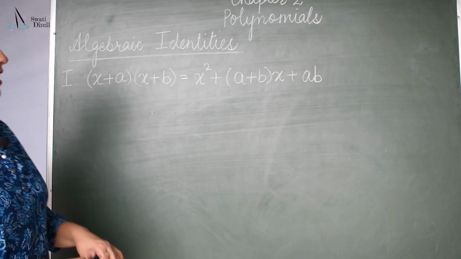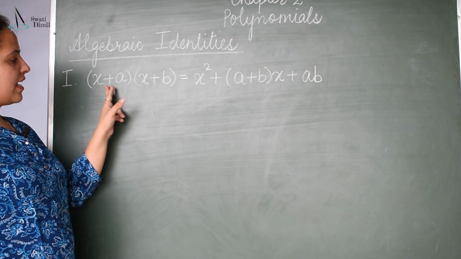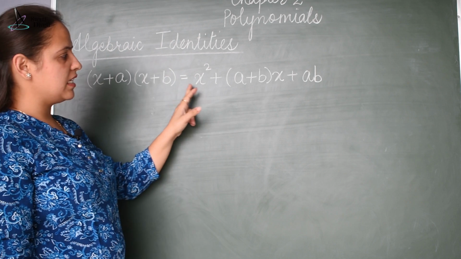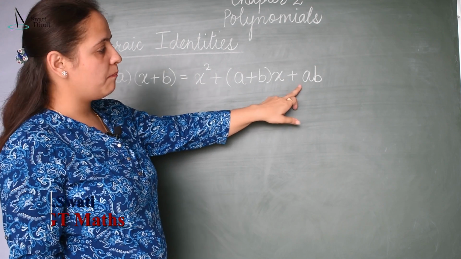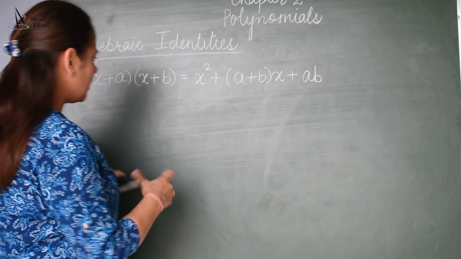This is the first algebraic identity: (x + a)(x + b) is equal to x² + (a + b)x + ab.